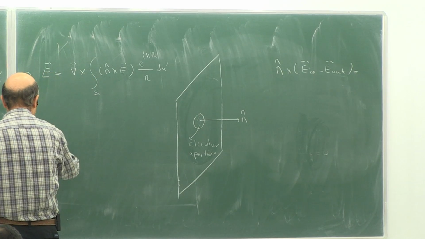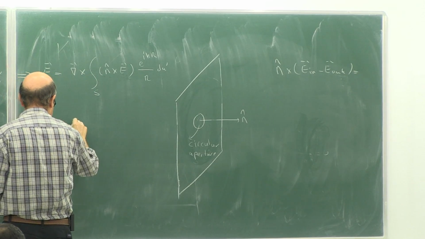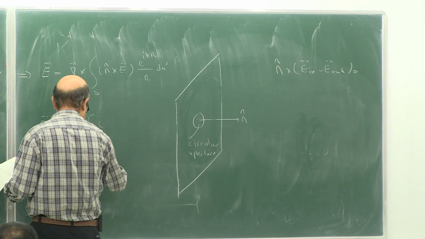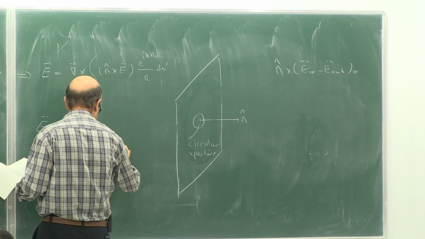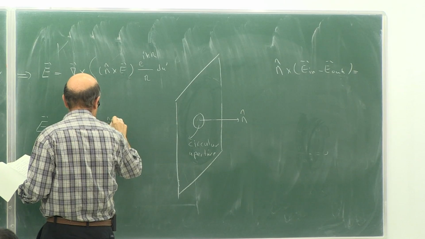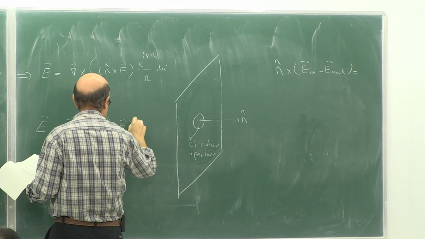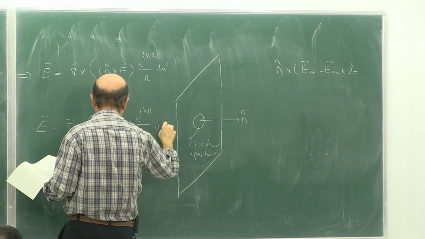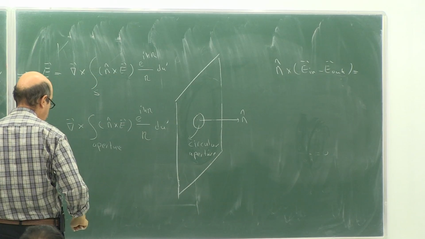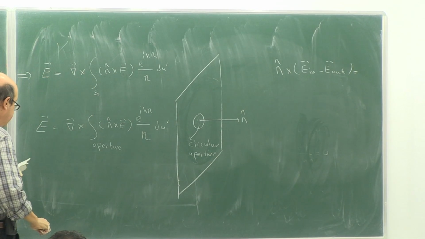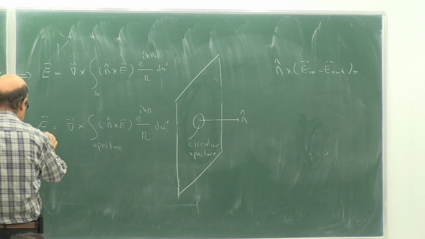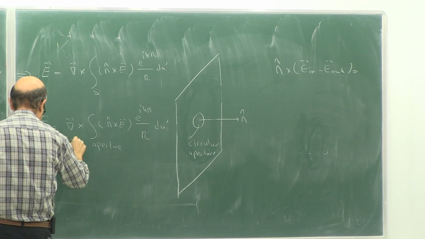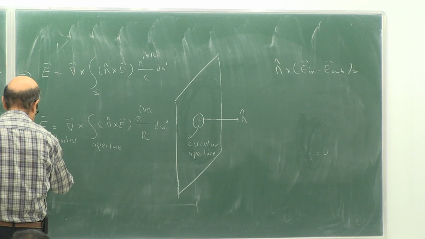If you take the integral through the aperture, that is n cross E, e to the ikr over r prime, and that field is called the diffracted field.